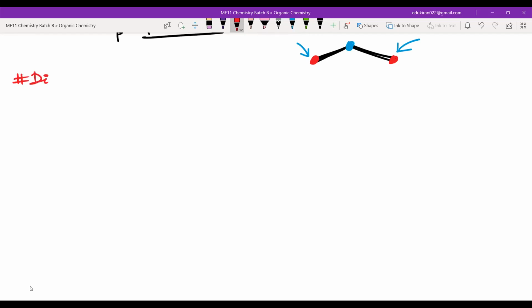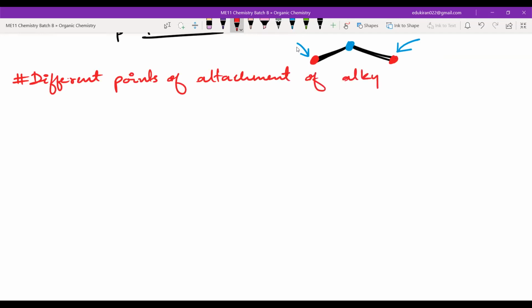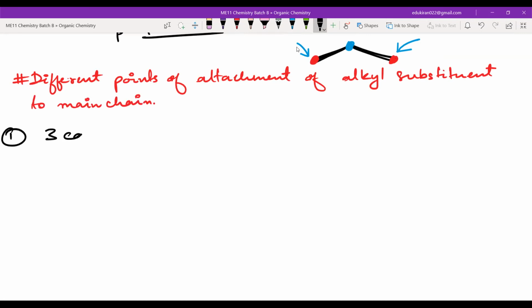Different points of attachment of alkyl substituent to main chain. Okay. Now starting with 3 carbons.